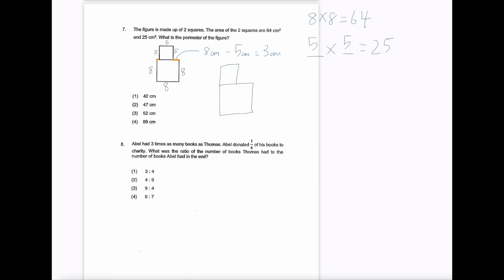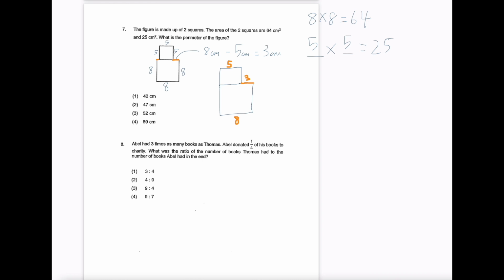Just imagine your 8 cm being here, and then I push my 5 cm to the edge. Wait, let me draw it a bit bigger. So this is my 8 cm, and then I push my 5 cm to the edge. So the orange part is just this part. If this is 5, this will be 3, because the whole thing is 8.